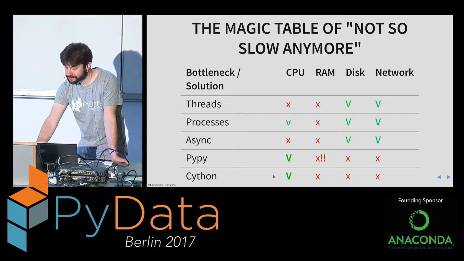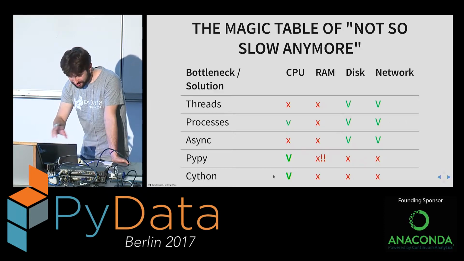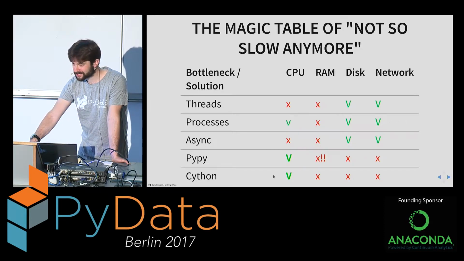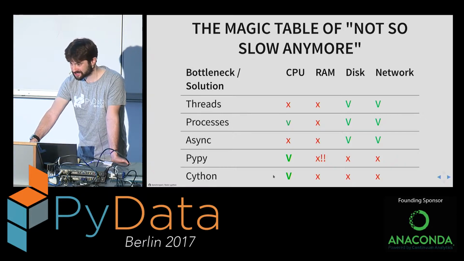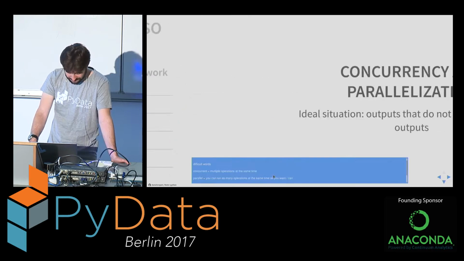So once again, the magic table of not so slow anymore. And you see there are different colors. Some are bigger wins, some are decent wins, and some are not wins at all.